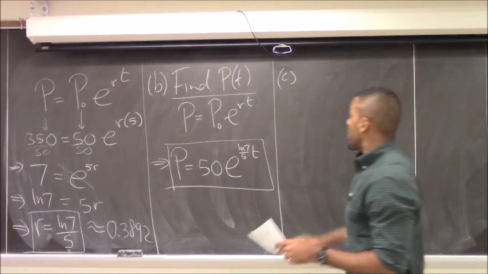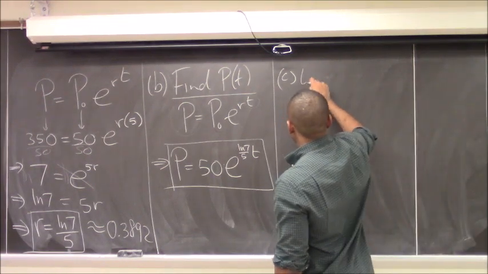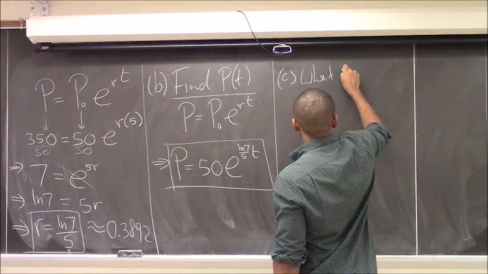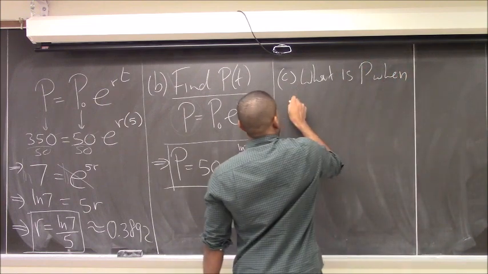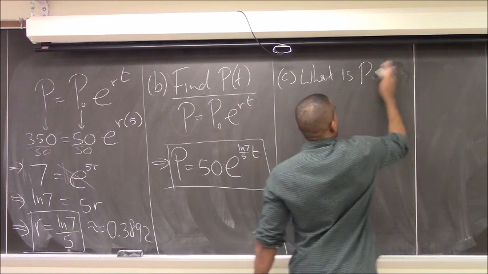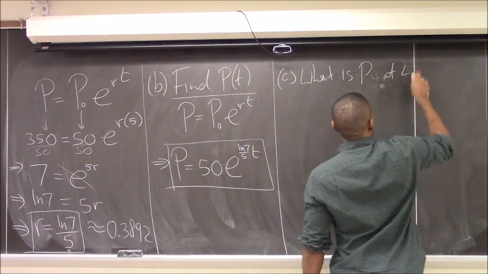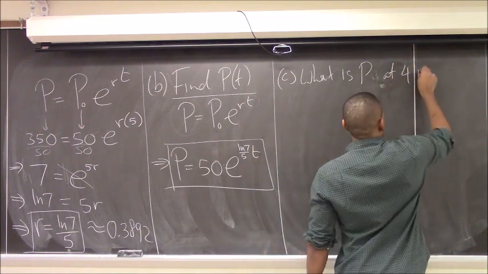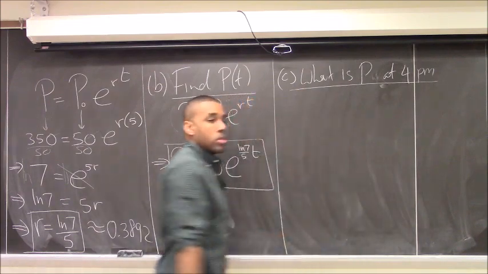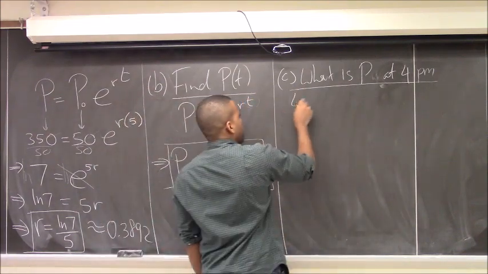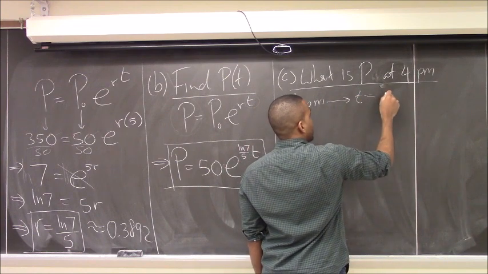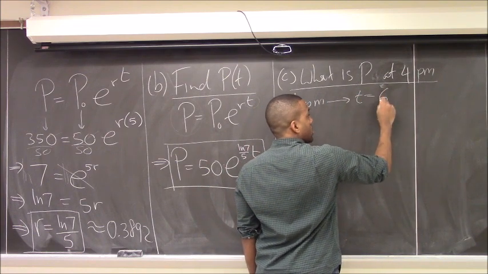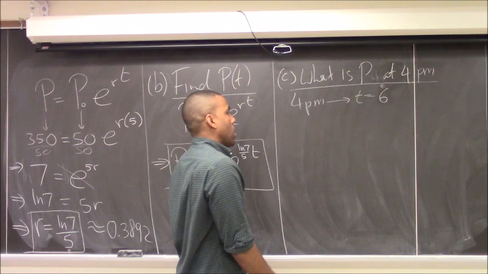C. What is the size of the population at 4 p.m.? What is P when t is 6? So, 4 p.m. is when t equals 6, right? How do we know?